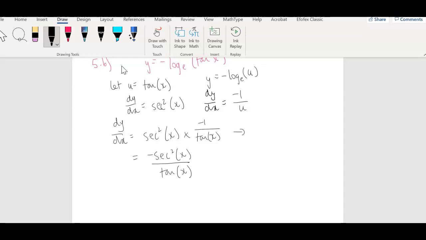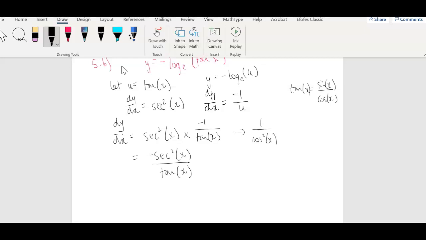Okay, so remember sec squared x is 1 over cos squared x. And if I just do on the side here, tan x is equal to sine x on cos x. All right, so that's the relationship between sine, cos, and tan.